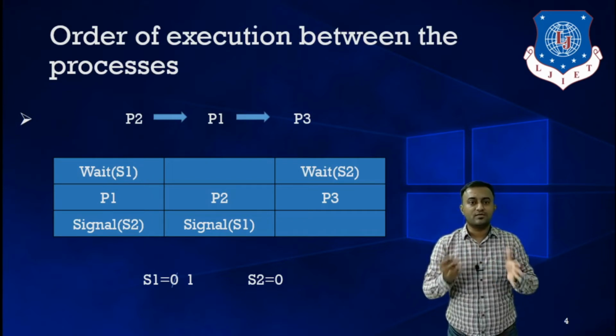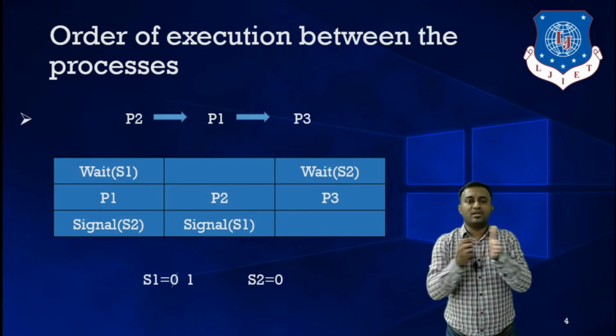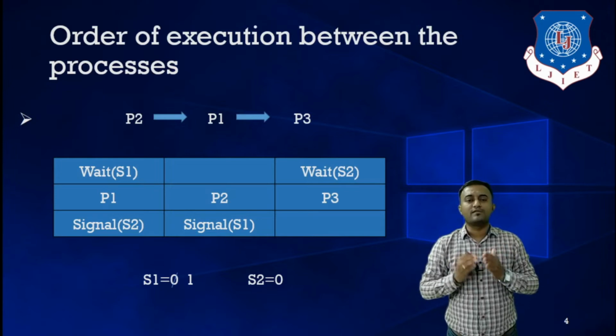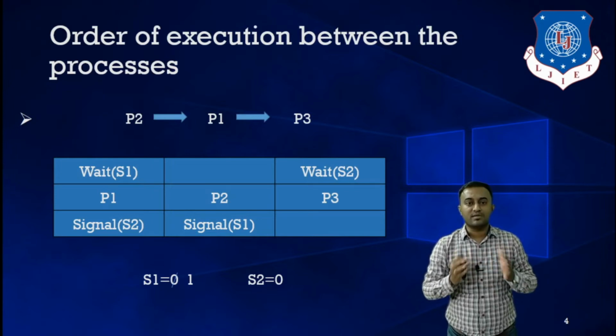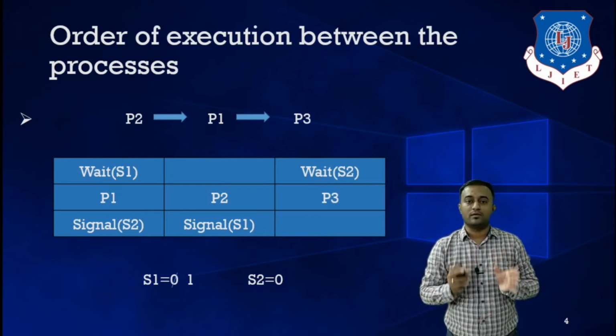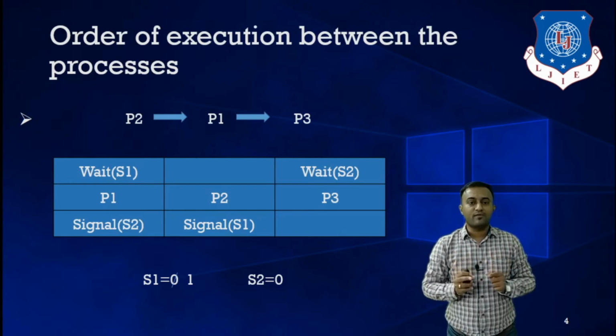This sequence I need to execute. You can see in this table, if we have three processes and want to execute this particular order with the help of semaphore, you need to have two semaphores instead of one. So for three processes you need two semaphores.